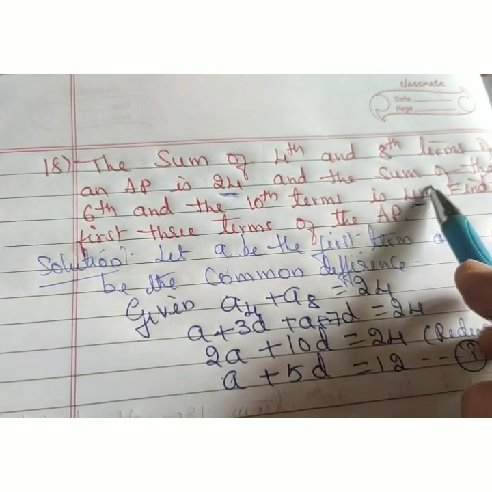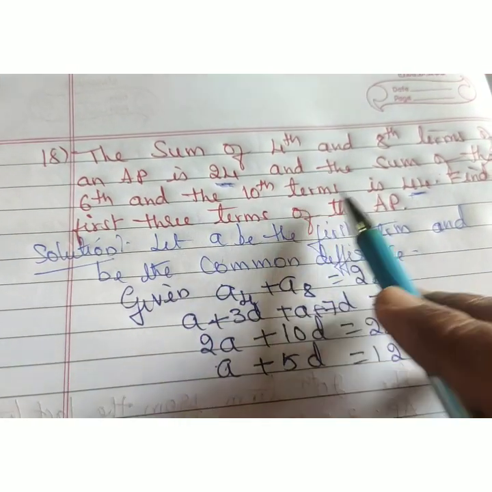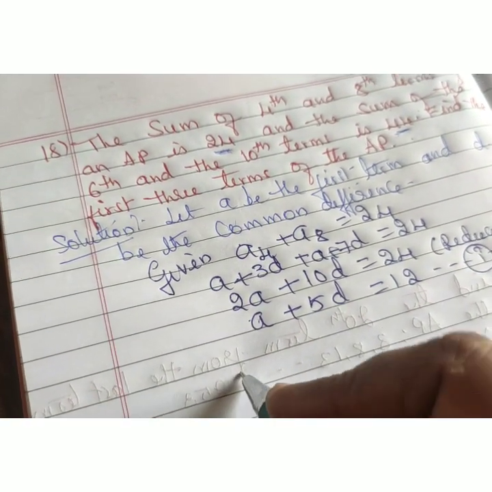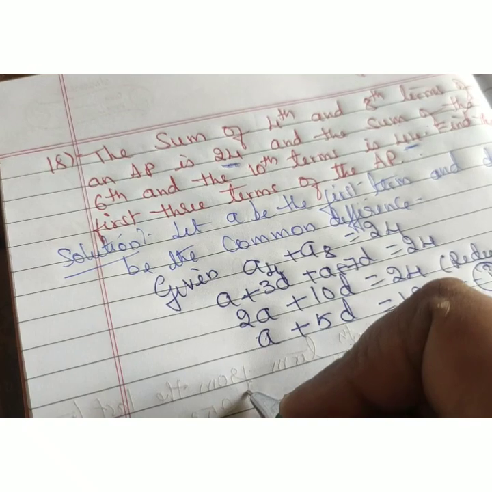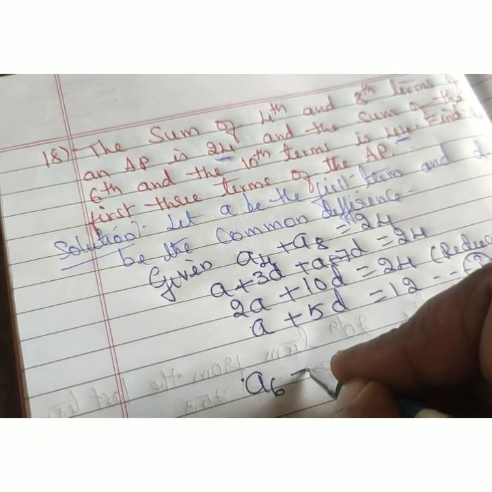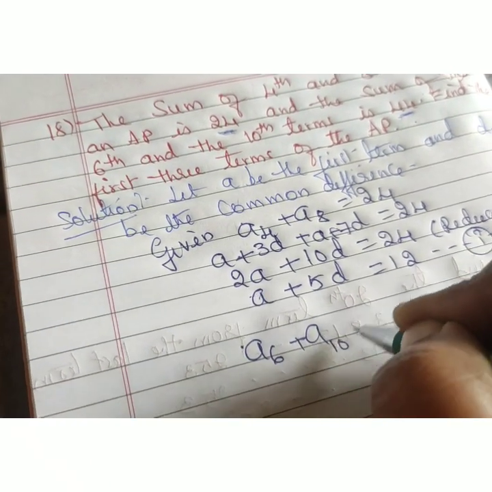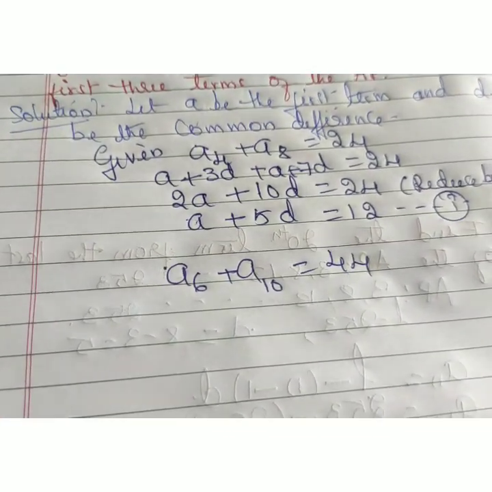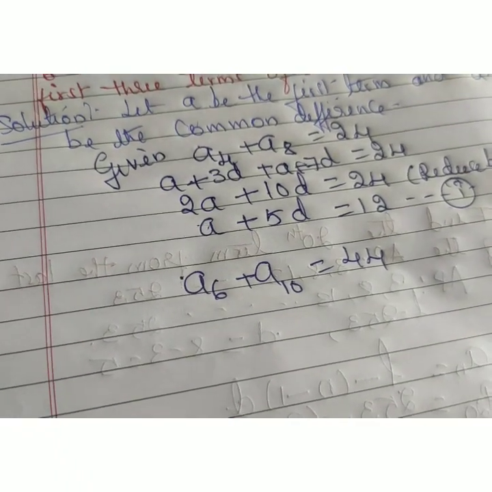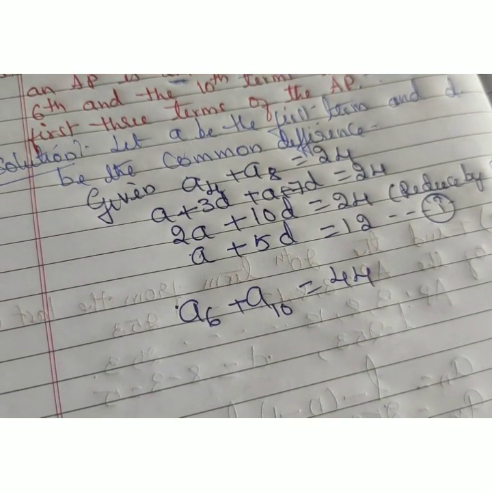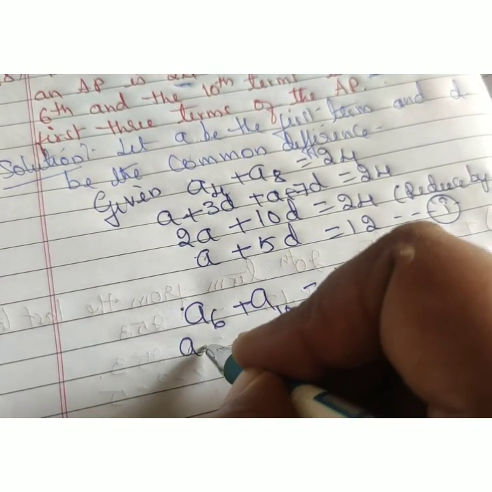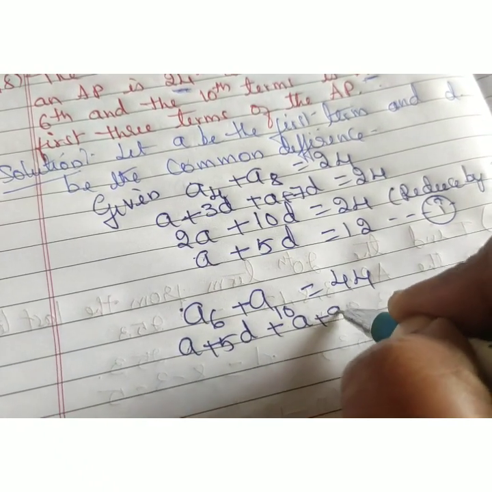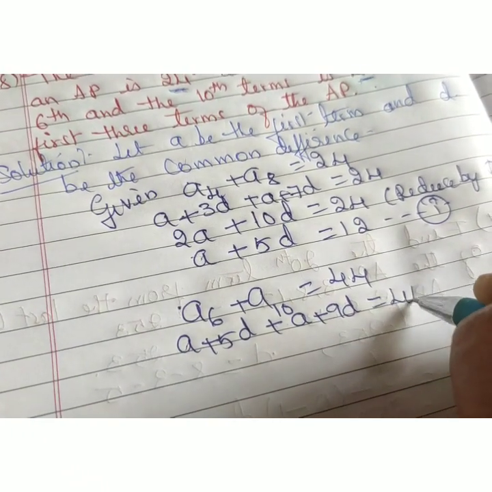So next, what they have given: the sum of the 6th and 10th term is 44. So let us write that. A6 plus A10 is equal to 44. So what is A6? A6 can be written as A plus 5D, plus A plus 9D is equal to 44.